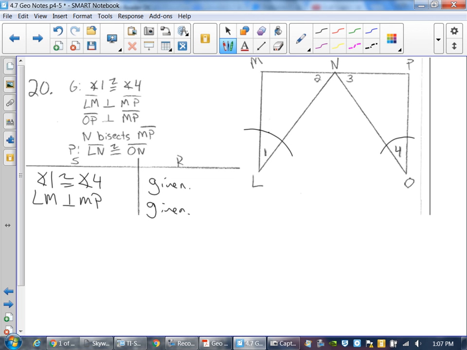Now, think back on your progression sheet. It says now to do what? Right angles. State the right angles. Well, when I look where LM and MP intersect, they only intersect at angle M. So how many angles can I talk about then? Just one. All I have to do now is say that angle M is a right angle.